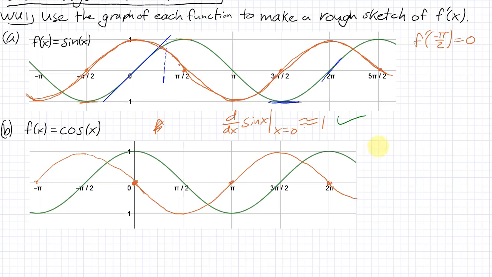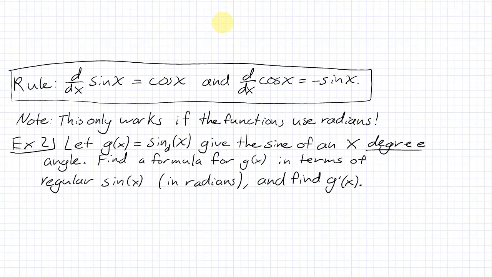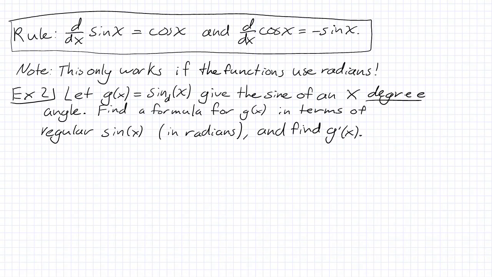So this graph, in this case f prime of x, is actually negative sine of x, because if you take the output of sine, like 1 here, and multiply it by negative 1, you'll get negative 1. 0 times negative 1 is 0. This negative 1 is sine of x here. If you multiply that by negative 1, you get 1. So that looks right. And so I just wrote these rules down here. The derivative of sine of x is cosine of x, and the derivative of cosine is negative sine.